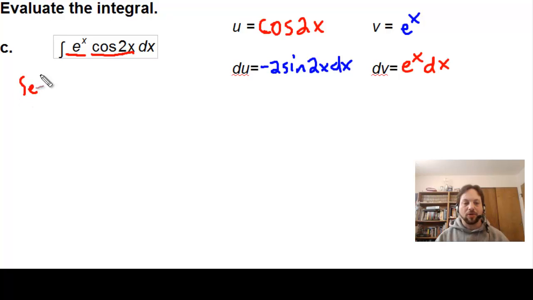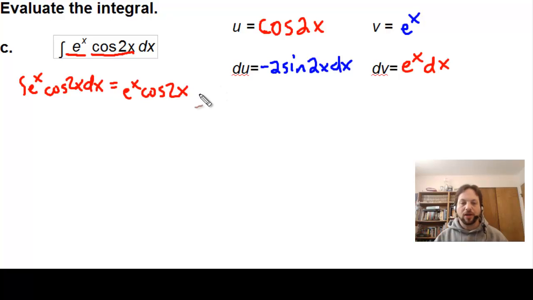I end up with the integral of e to the x cosine 2x dx, u dv, will simply equal uv, which in this case, I'm just going to put these two together. That would be e to the x cosine 2x, uv, minus the integral of v du. There's my v, there's my du.